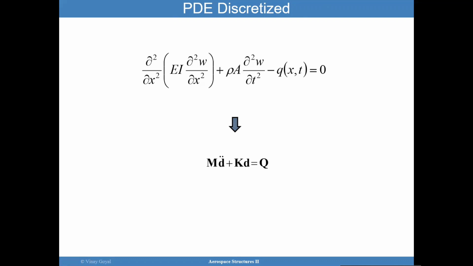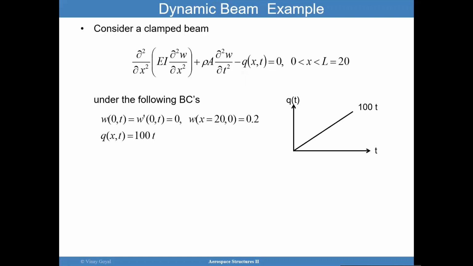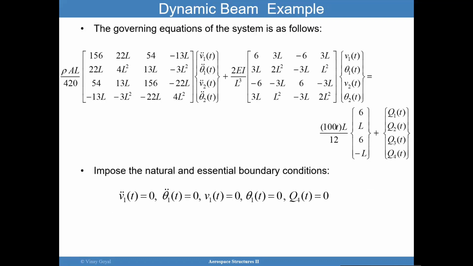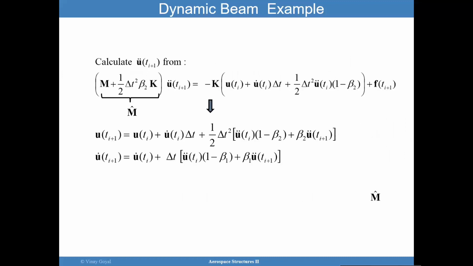You can see here how this problem can become very computationally expensive. I may have a mass matrix here that could be millions of degrees of freedom. I have a stiffness matrix here that's a square matrix of millions of columns and rows.